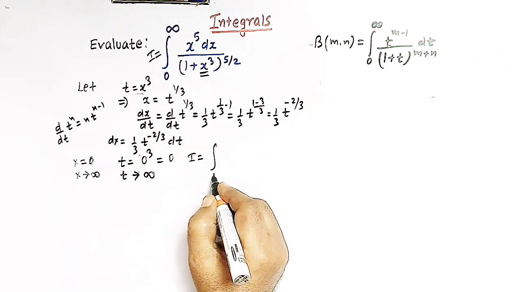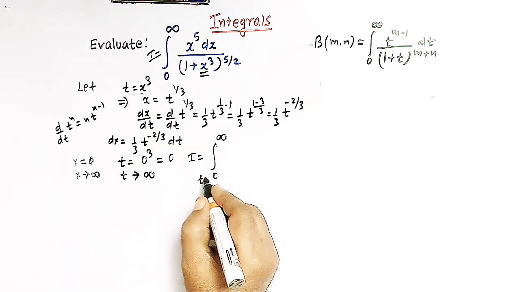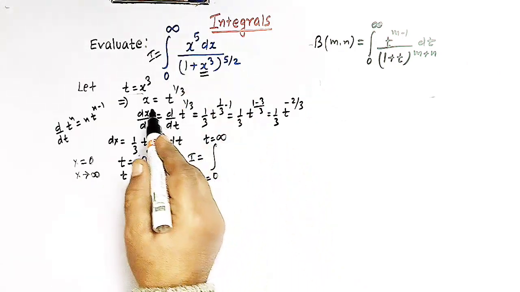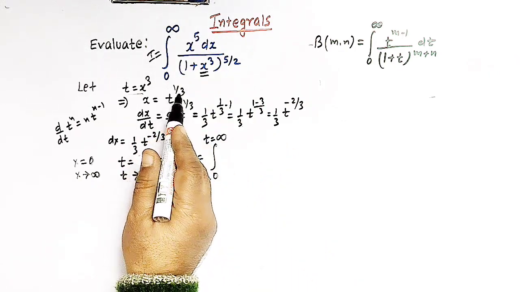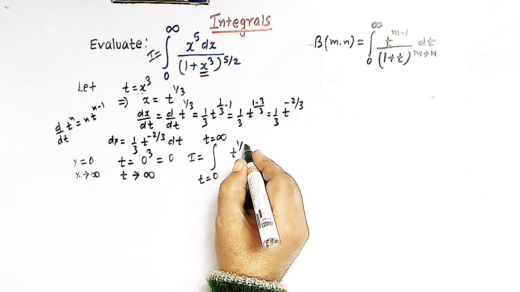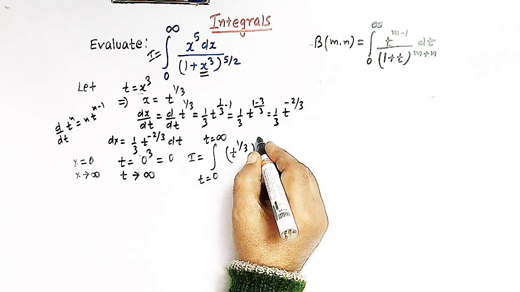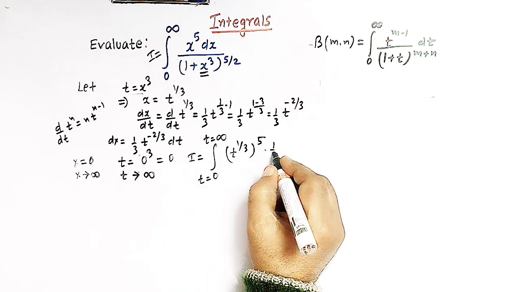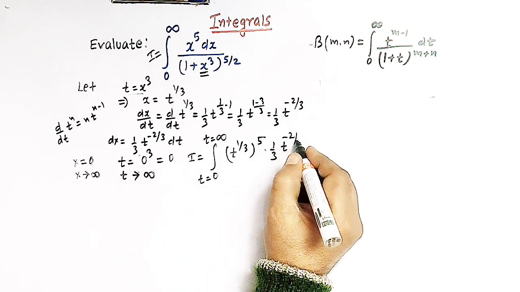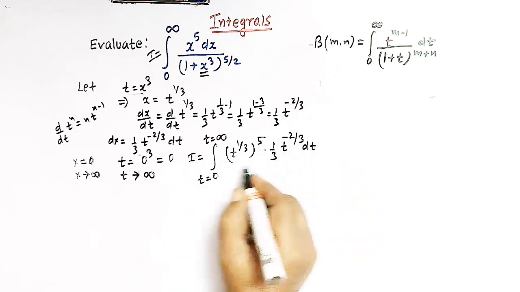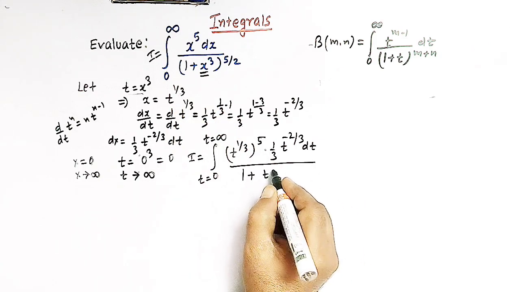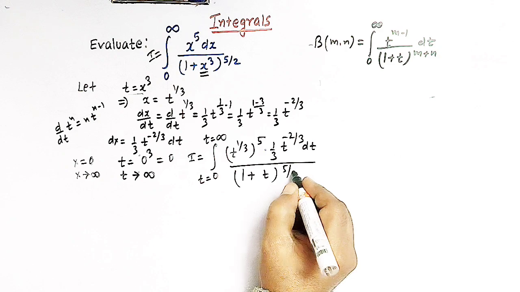So we can now write 0 to infinity, and then we have x raised to 5. X is t raised to 1 over 3, so we have t raised to 1 over 3, and here we have 5. For dx, we can now write 1 over 3 t raised to minus 2 over 3 dt. And in the denominator, we can write 1 plus t raised to 5 over 2.